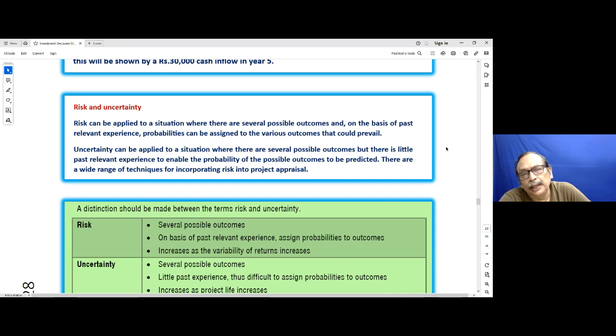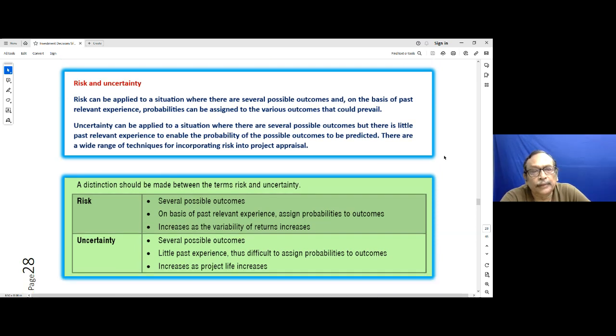Uncertainty can be applied to a situation where there are several possible outcomes, but there is little past relevant experience to enable the probability of the possible outcome to be predicted. So there are a wide range of techniques for incorporating risk into project appraisal. So risk and uncertainty factors are also required to be considered in capital budgeting decision.